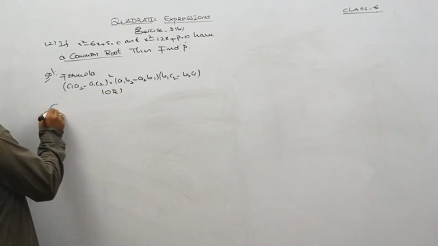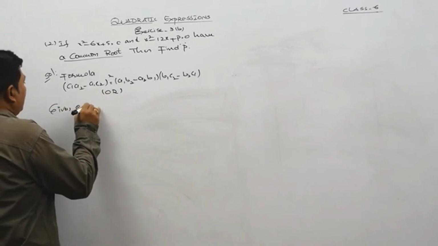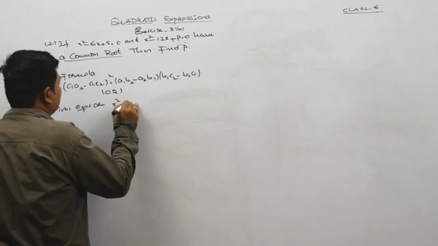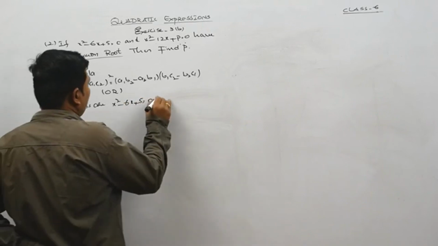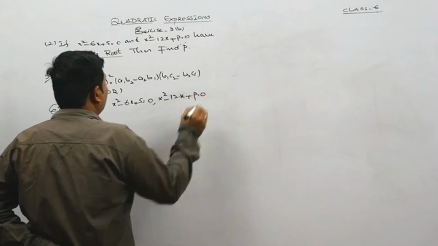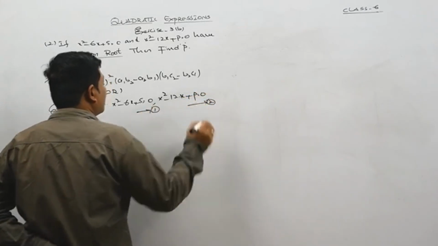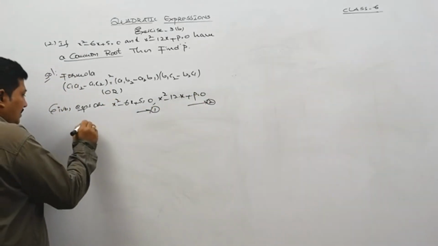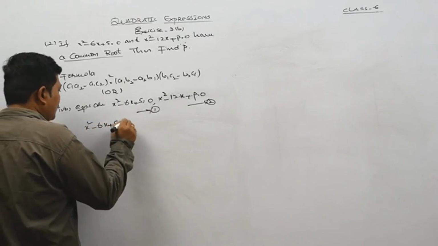Given equations are x square minus 6x plus 5 is equal to 0, and x square minus 12x plus p is equal to 0. Let's call them equation 1 and equation 2. Now equation 1 is a direct quadratic equation, we can solve that one. x square minus 6x plus 5 is equal to 0.